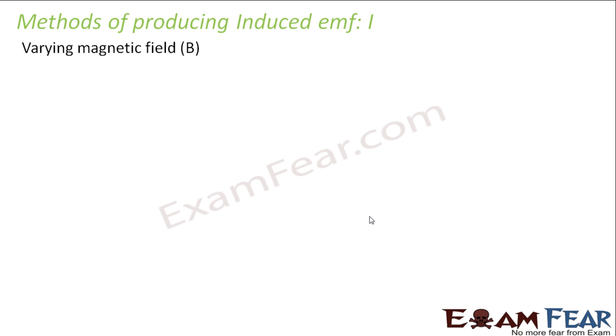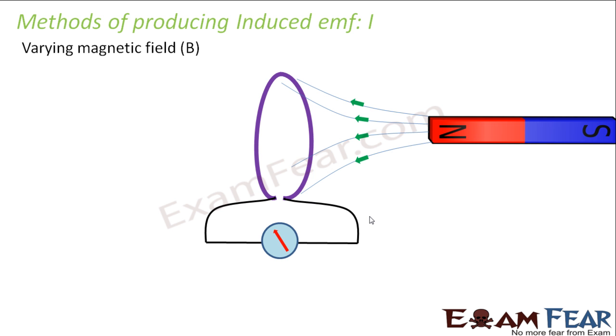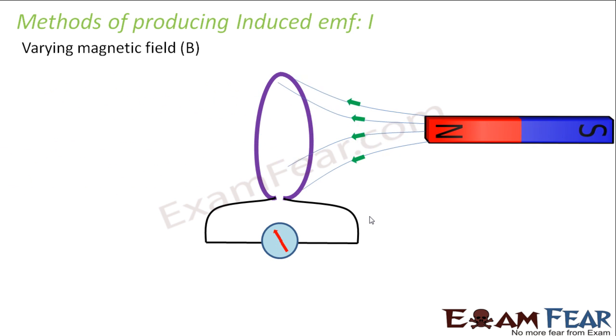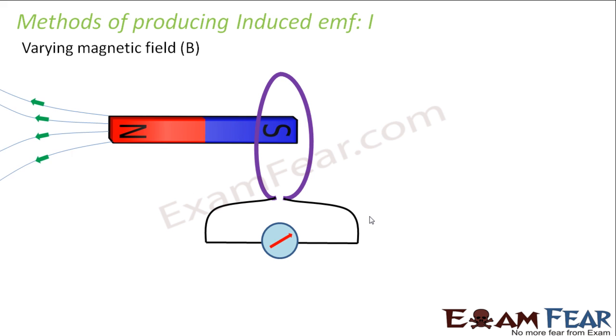So let us look at the first case where we produce EMF by varying the magnetic field. Let us consider the same scenario so that it becomes easier for you to understand. Let us suppose this is the same coil which we had. As you bring the magnet near the coil, the magnetic field associated with the coil is also changing.